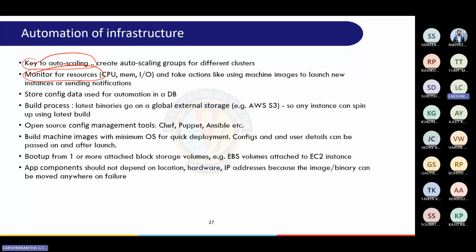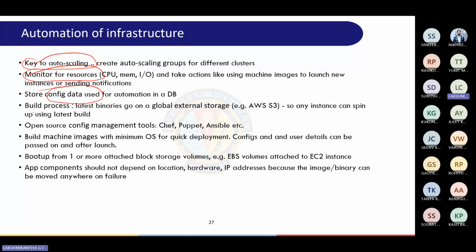The third one is configuration data. Whatever configuration you're doing, all the configuration data is used for this automation. It includes parameters, threshold values, and deployment scripts. All these should be stored reliably in centralized databases or configuration stores.